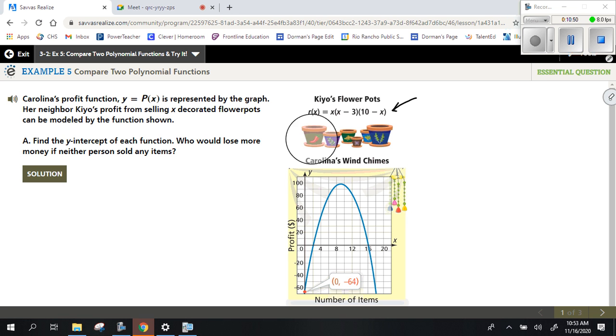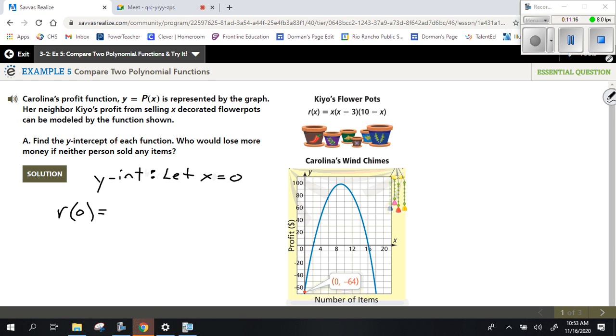And in order to find that out, all we have to do to find our y-intercept is let x equals 0, right? Because everywhere on the y-axis, x equals 0. So we plug in x equals 0. We should know where this touches the y-axis, or what is the y-intercept.